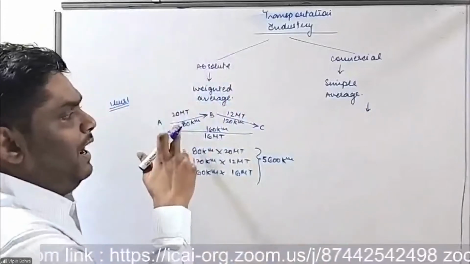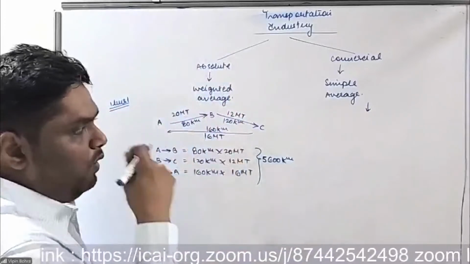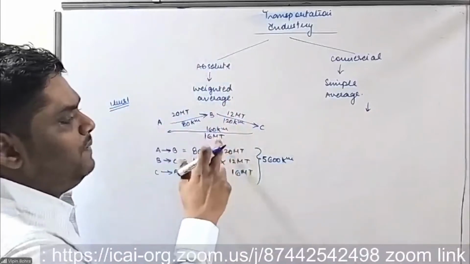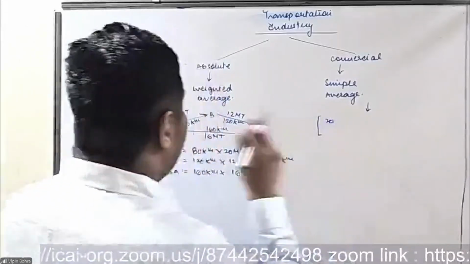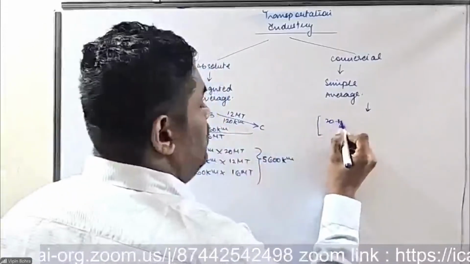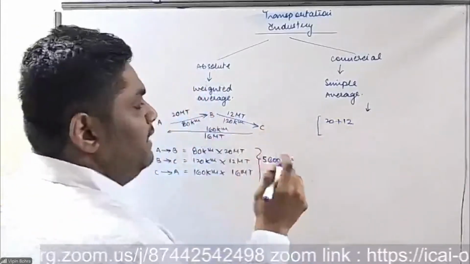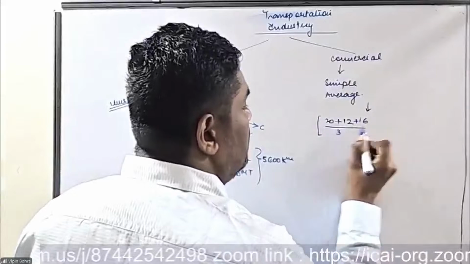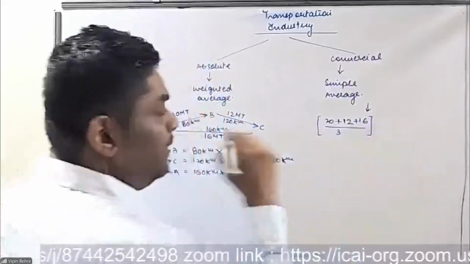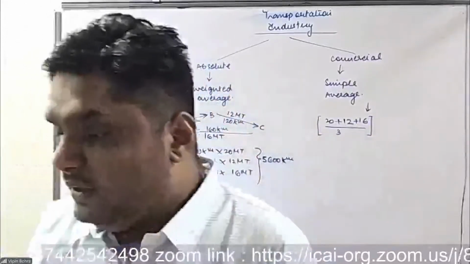It says how many metric tons traveled on an average: 20 plus 12 plus 16. So how many metric tons? 20 from A to B, 12 from B to C, and from C to A 16, divided by 3.